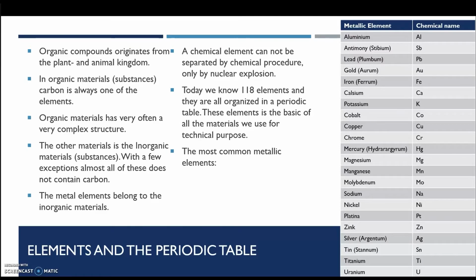The most common metallic elements are listed in this table. You see in the first column the name of the metallic element, and in the second column the chemical name. The chemical name is the name which is used in the periodic table.